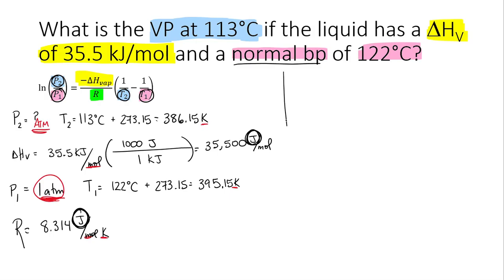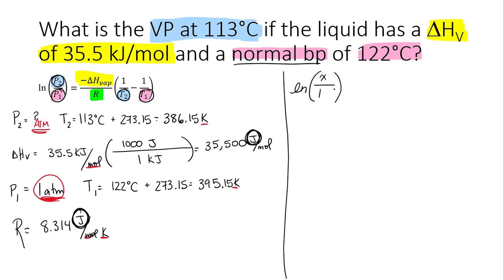Now we got to do algebra. Are you guys ready for algebra? Here we go. The natural logarithm of X, that's the vapor pressure at 113, I'm labeling that as X, divided by 1 atmosphere. And again, I'm leaving the units out just to simplify the math. You can leave them in if you want to, but I am taking a shortcut, because I've double checked all my units.